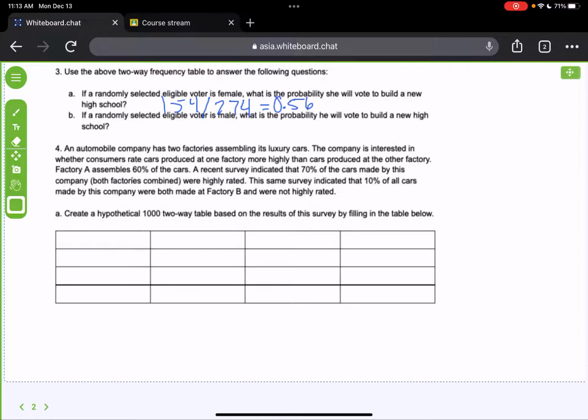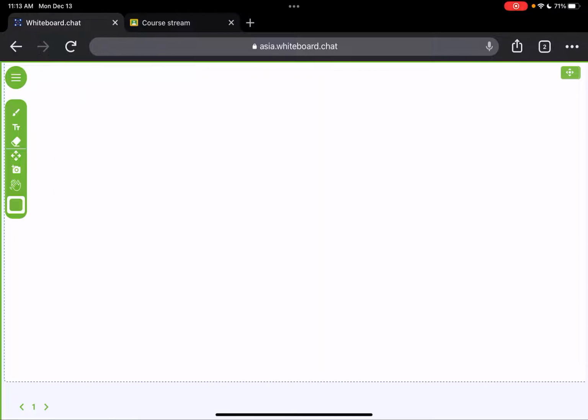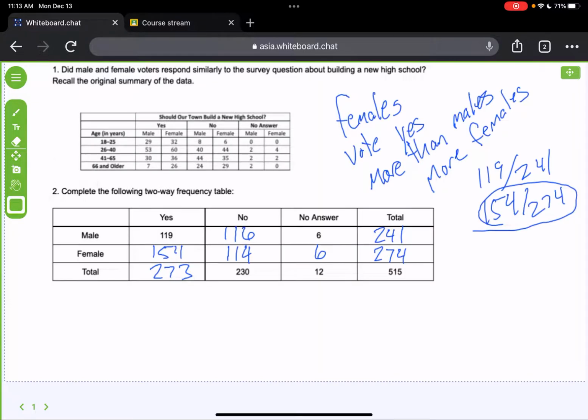If a randomly selected eligible voter is male, what is the probability that he will vote to build a new high school? That was 119 divided by 241, and that was equal to about 49 hundredths. And you can see that here. Male total, female over the total.